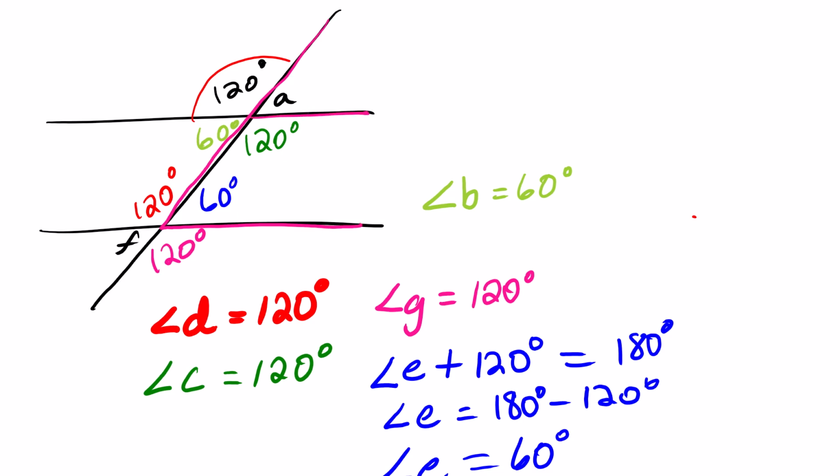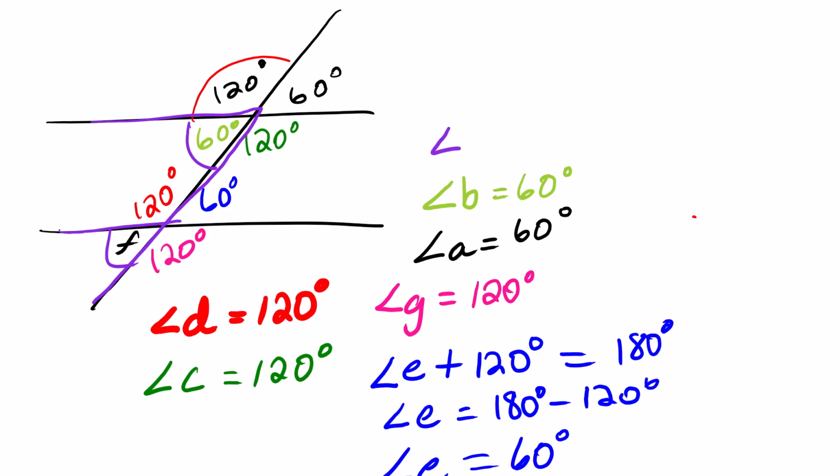Corresponding angles. So using corresponding angles, we can say angle A is equal to 60 degrees. And then the last one, corresponding again.